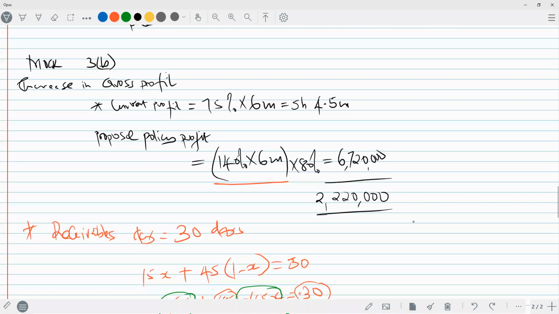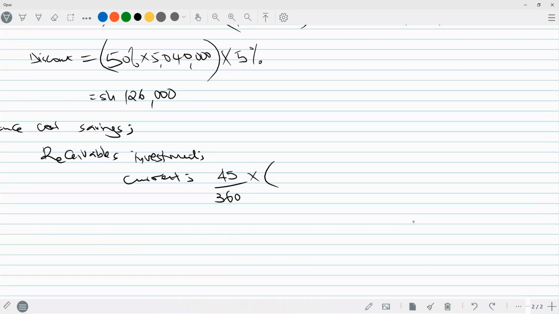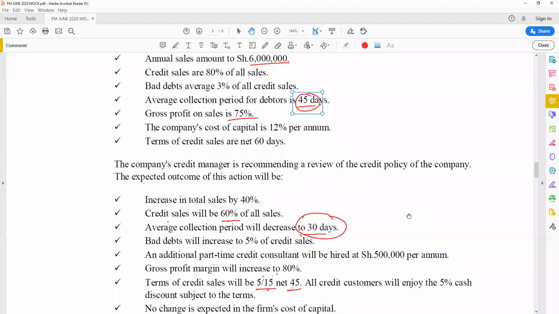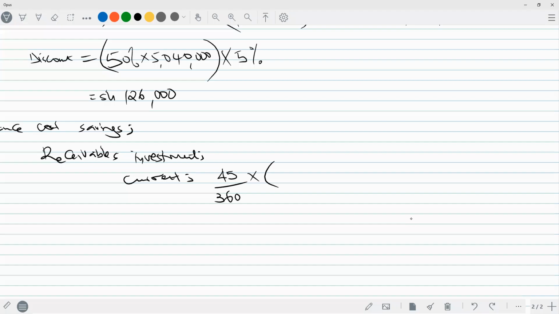We haven't done that. Okay. So the current sales on credit for the company is 80%. 80% of the company sales are on credit, 80% of the 6 million. Therefore, sales on credit is 80% times 6 million.